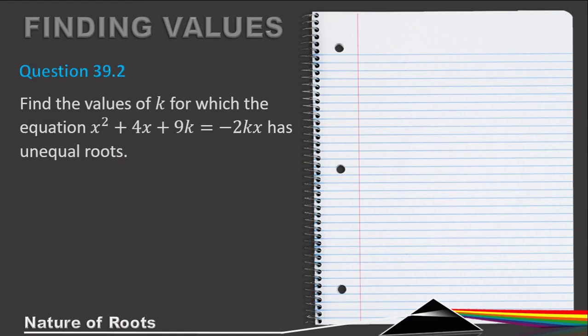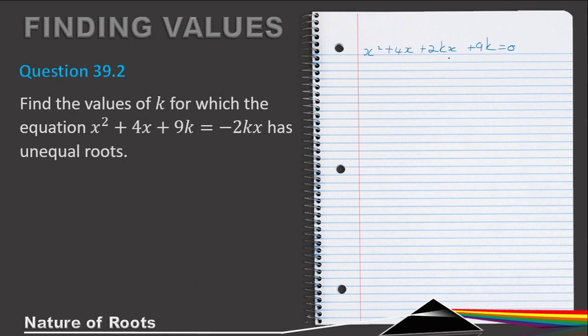Then find the values of k for which the equation x squared plus 4x plus 9k equals minus 2kx has unequal roots. Right, first of all, standard form. So x squared, this guy just needs to jump over, plus 4x plus 2kx plus 9k equal to 0.